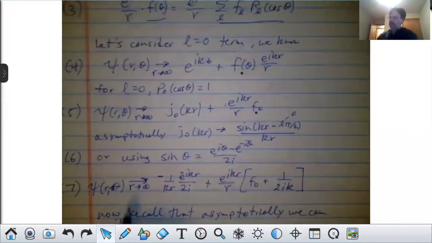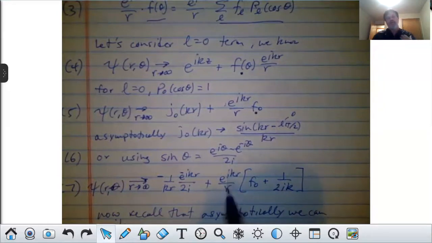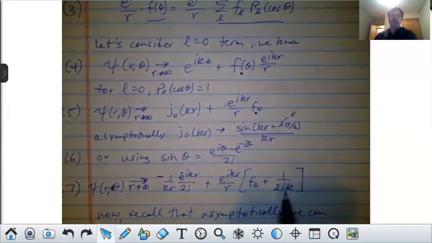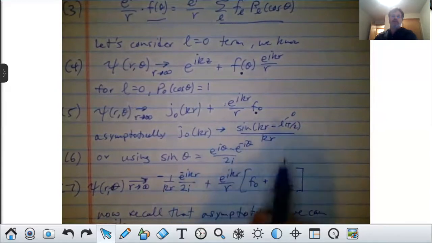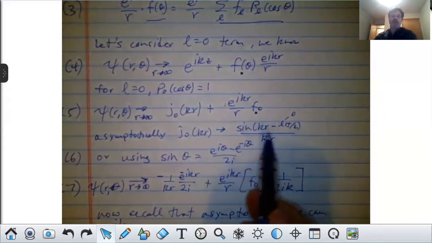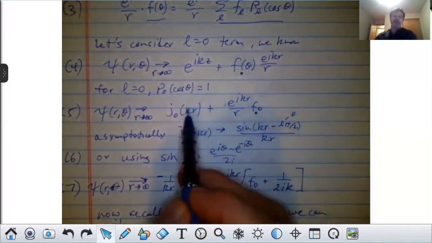Psi of r, theta as r goes to infinity is this, minus 1 over ikr e to the minus ikr over 2i. And then I get an e to the ikr over r function multiplying f0 plus 1 over 2ik. So again, just to reiterate what I did there, I used this to write my sine of kr, and then I plugged it in here.